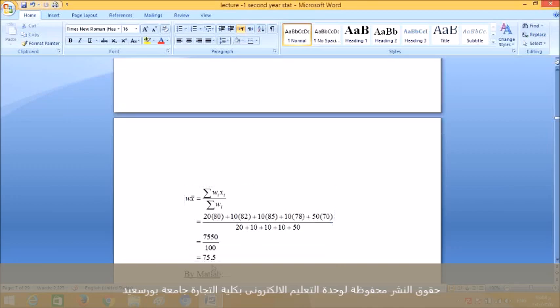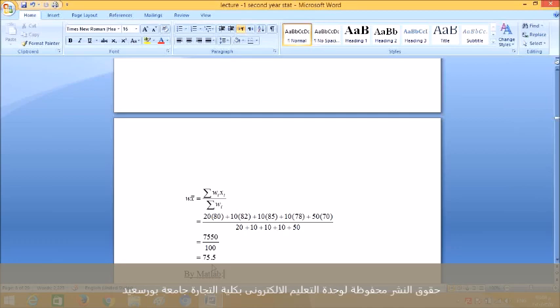So the result will be 75.5. So the weighted mean is 75.5. Okay, so this is the mean of the scores for all exams: final exam, midterm exam, and the 3 quizzes or 3 monthly exams.